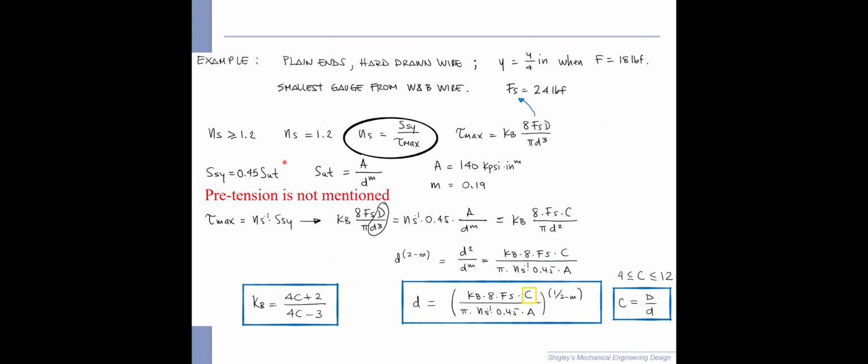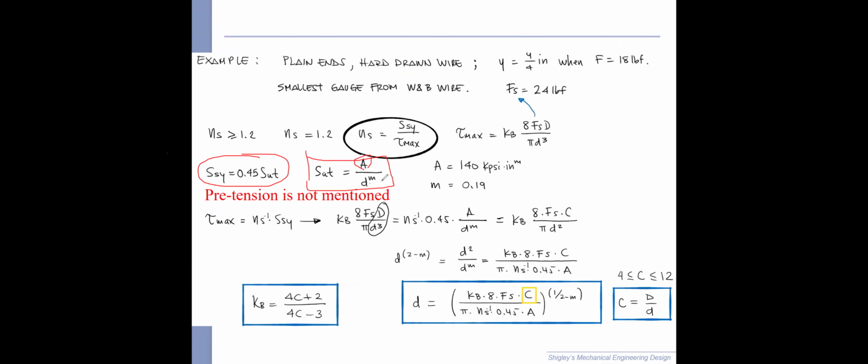Okay, so let's look at the process of this question. Here there's no mention of pretension, or we say the presetting process. Therefore we can define SSY, the torsional yield stress, as 45% of SUT, and SUT is a function of the parameters A and m.